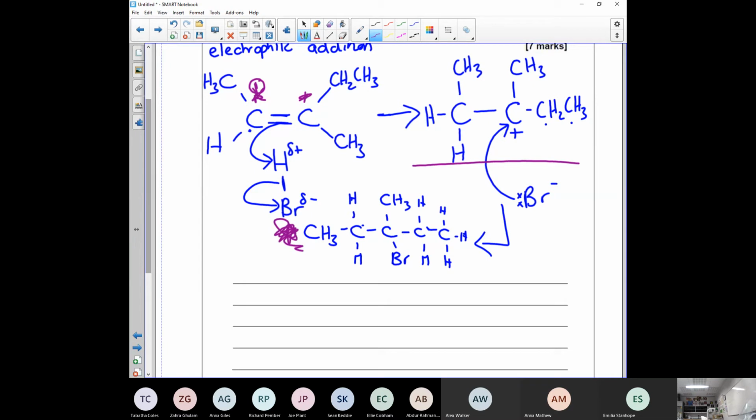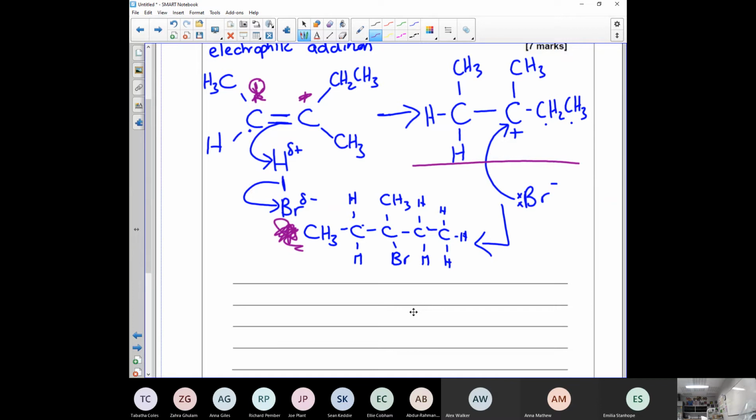Obviously it's not a stable molecule, it's got that plus on it, it's like freaking out. There are things within that compound that make this version that we've drawn a bit more stable. And it's all to do with how many carbons are attached.